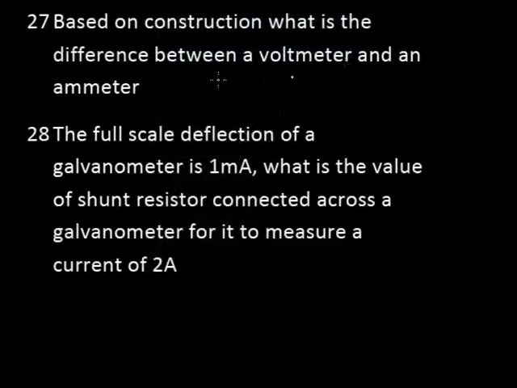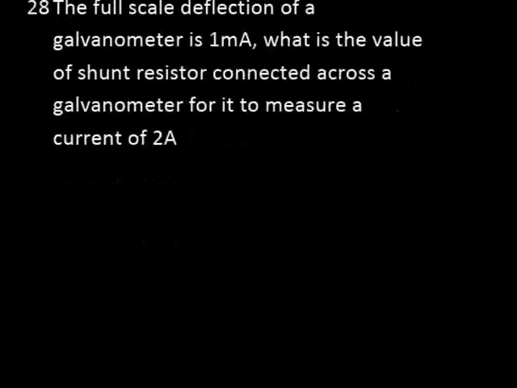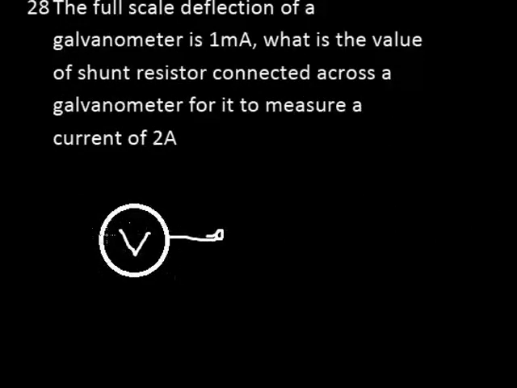Based on construction, what is the difference between voltmeter and ammeter? Now, of course, you know that a voltmeter, which of course this is the symbol of, is an electrical measuring instrument for voltage.